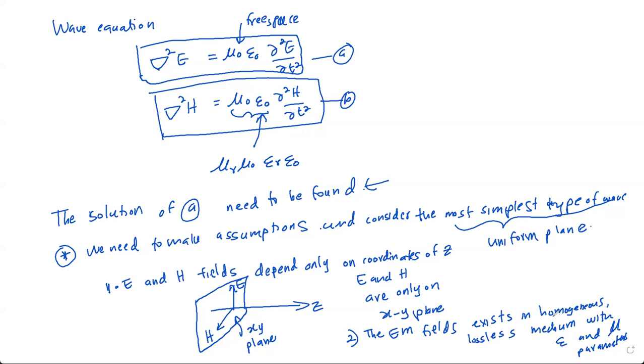We assume that the electromagnetic wave is propagating in this medium, which also means the electromagnetic field exists in a homogeneous lossless medium. The medium is defined using epsilon and mu parameters, so the electromagnetic field is in this kind of a medium.